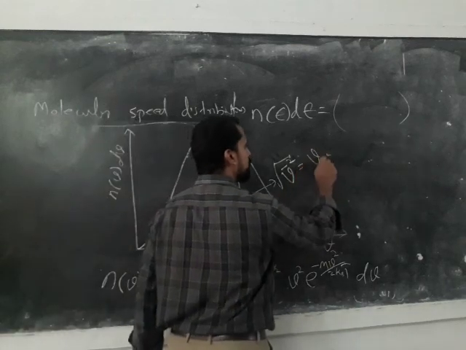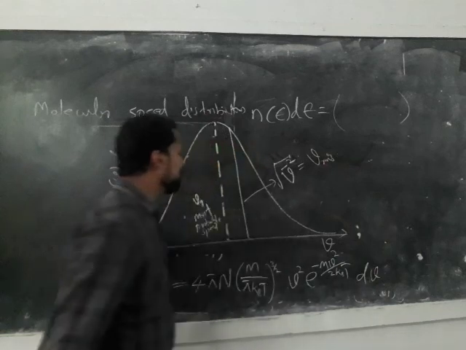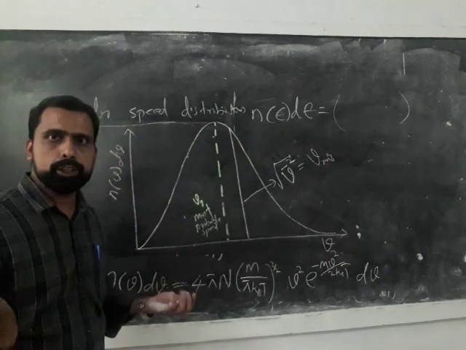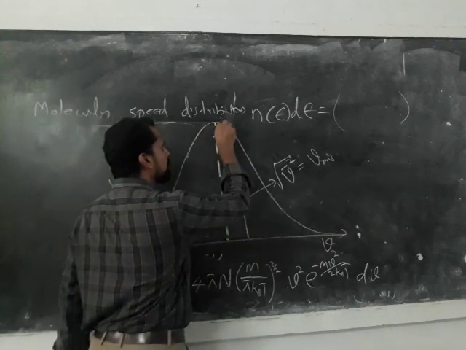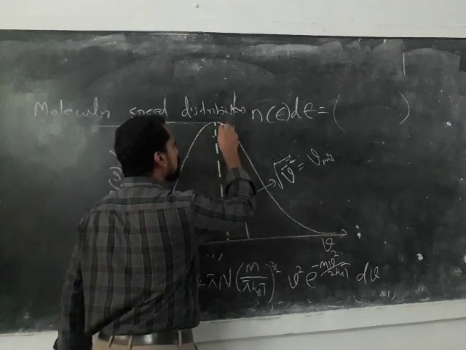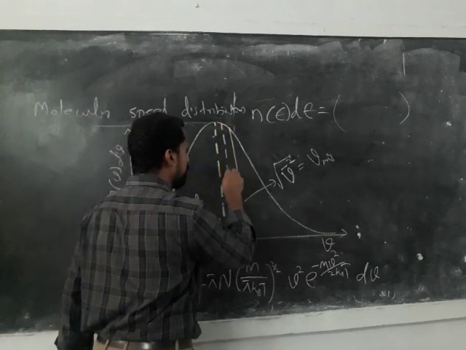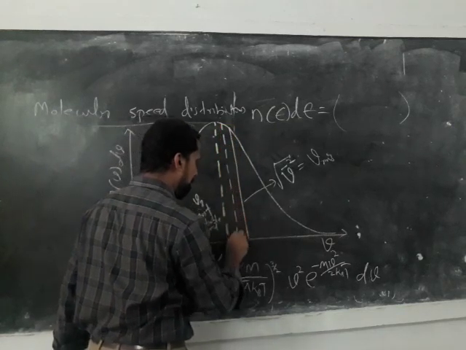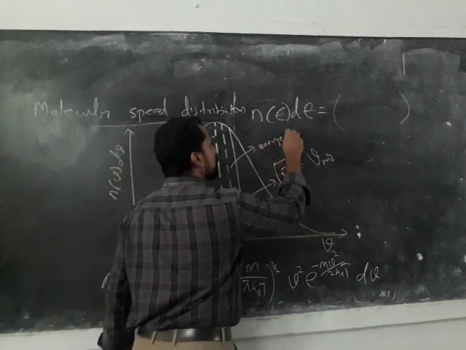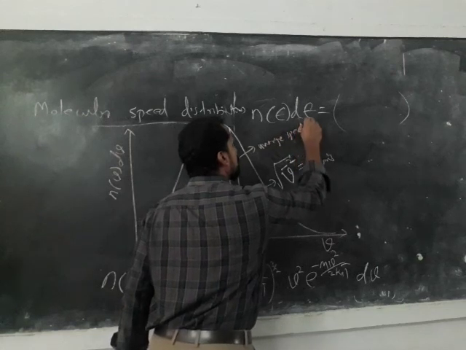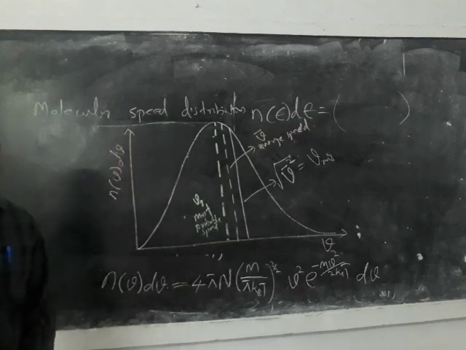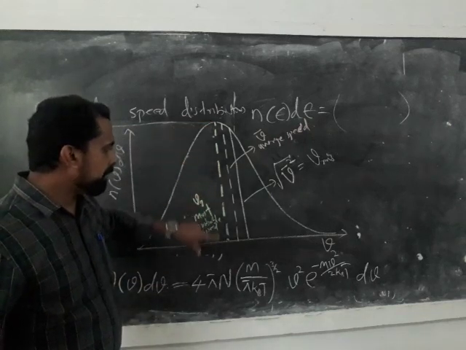And there is one more thing, that is called the average speed, that will come in between. So these are the 3 different values.